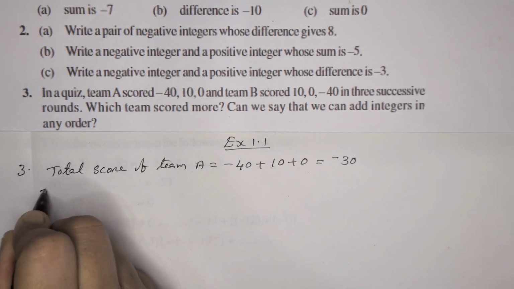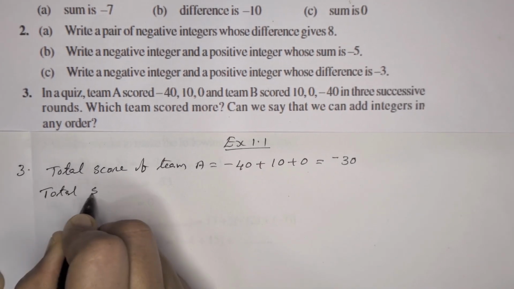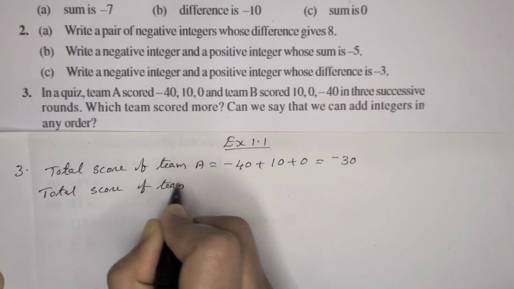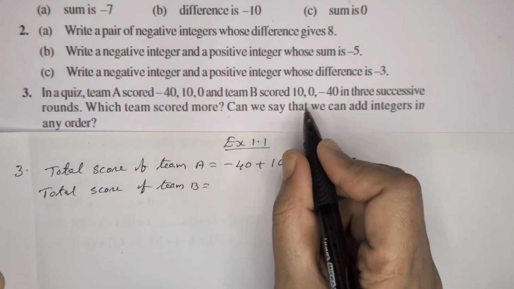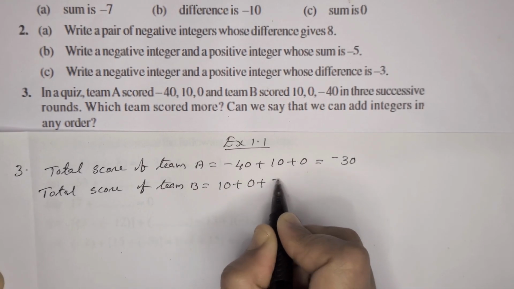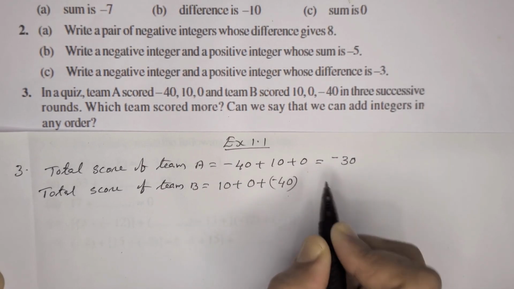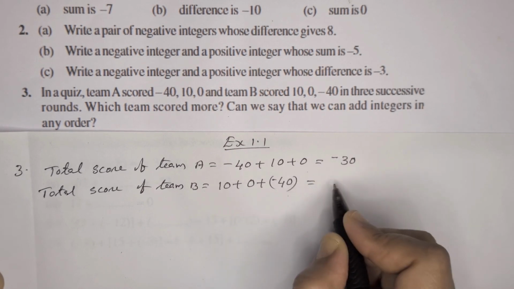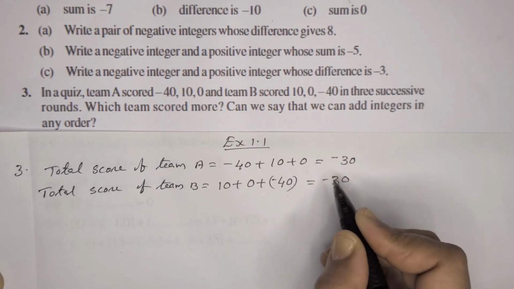Same way, total score of team B, where it is 10 plus 0 plus minus 40. 10 plus 0, 10, 10 plus minus 40, minus 30. Here we can see both the scores are same.